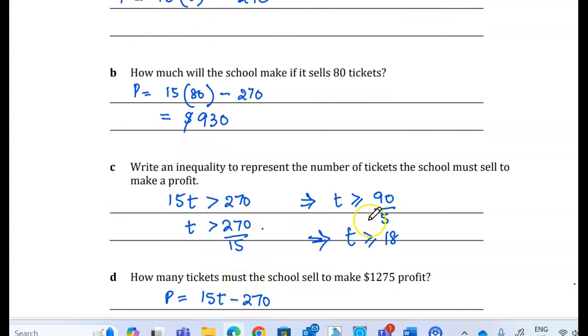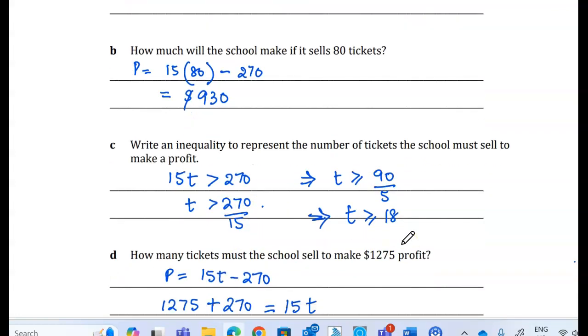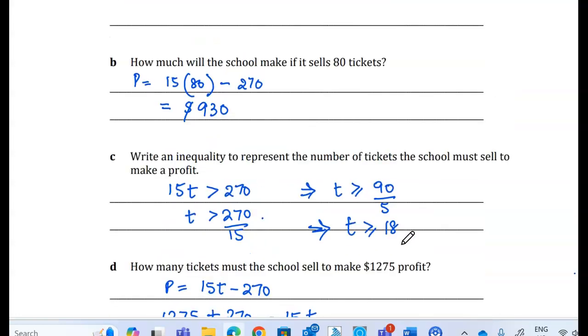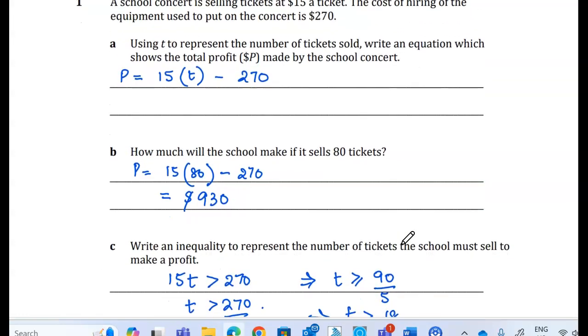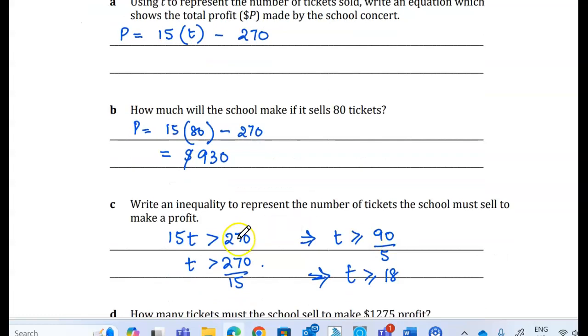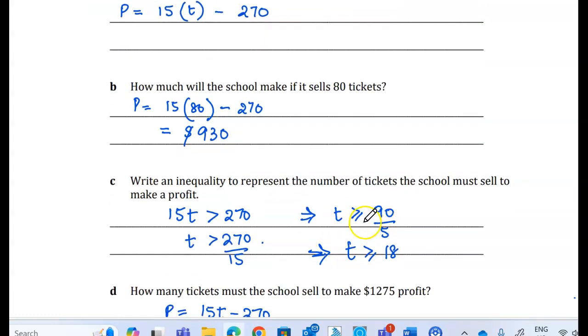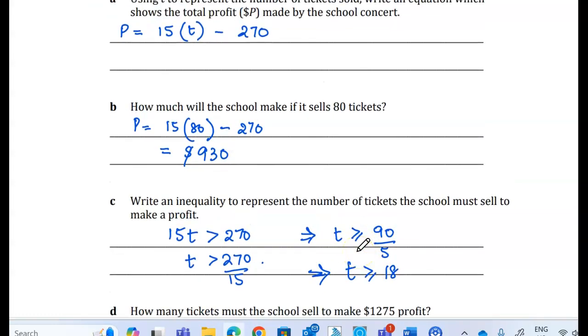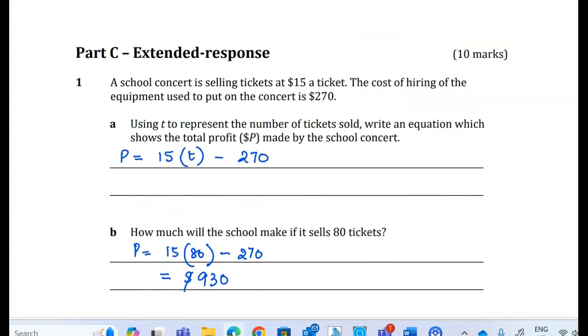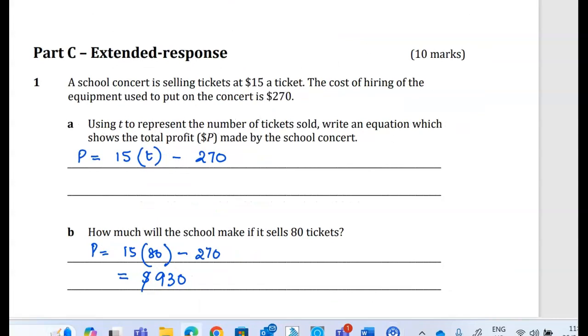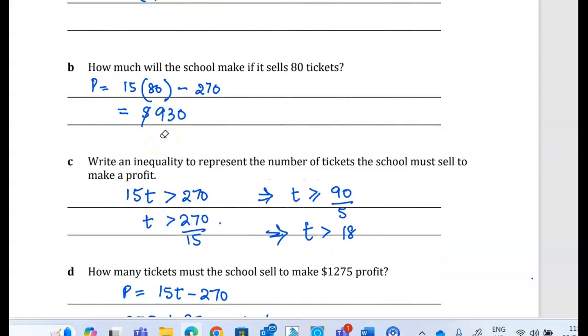If you simplify this, you'll get 18. Just a sec. So to make a profit means it has to be greater, not equal. Sorry, apologies, I should be saying just greater. Sorry, just bear with me. Okay, that's how it should be.